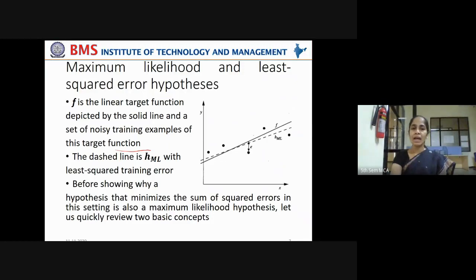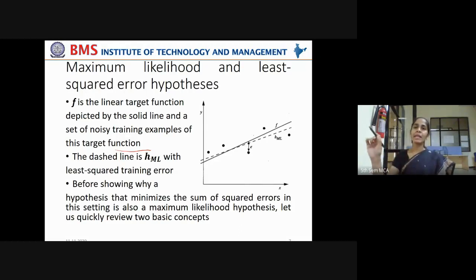Now, the dashed line HML is the maximum likelihood hypothesis with least squared training error. Means when compared to F, HML, this dotted line, has lesser prediction error. So that will become our maximum likelihood hypothesis.